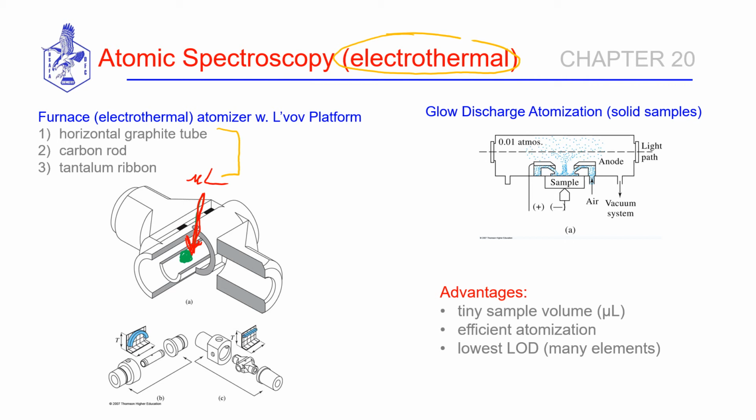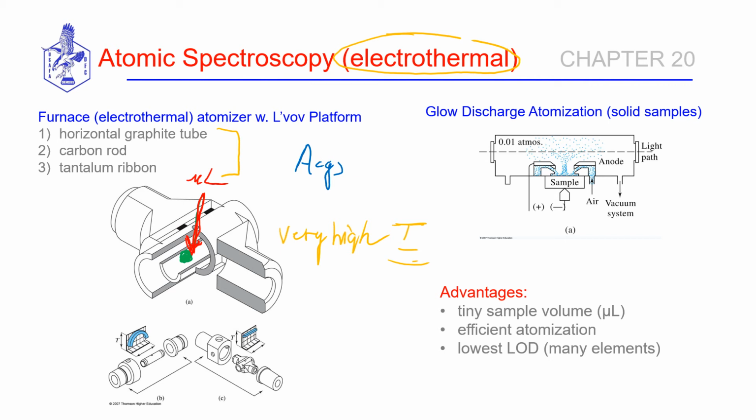Through electrical resistance heating, we are going to be able to achieve very high temperatures, much hotter than what we can accomplish in a flame. So that provides more efficient atomization of our analyte species of interest, getting it up into the ground atomic vapor state.